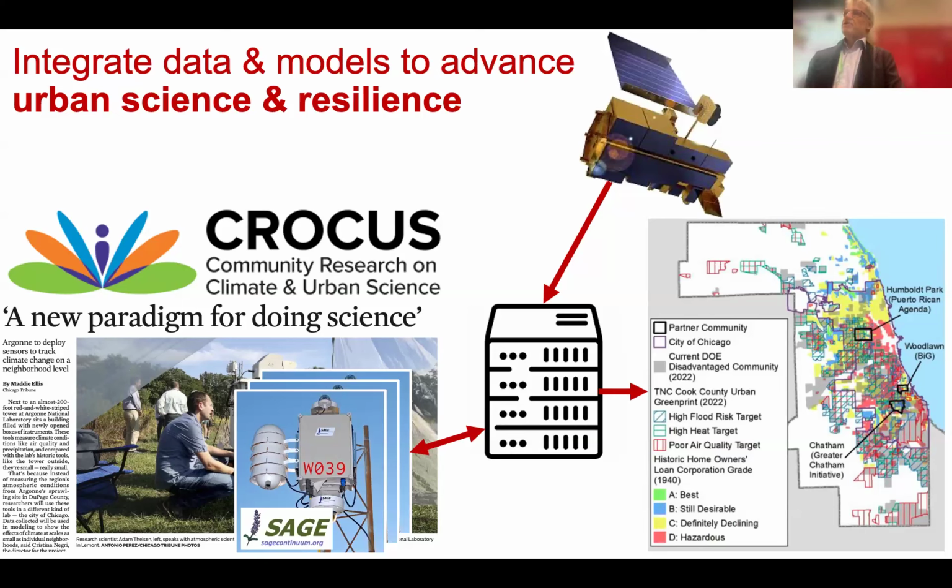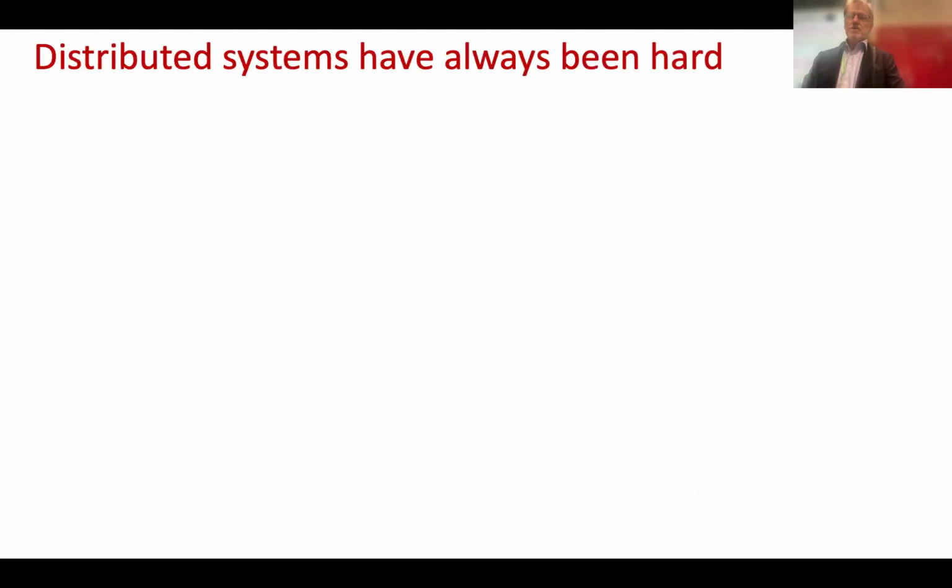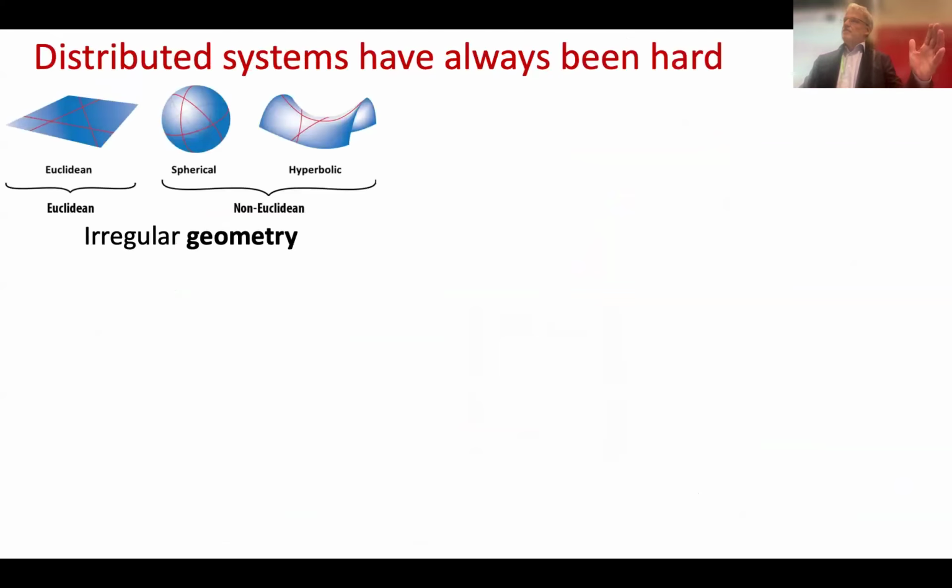Now, distributed systems are very hard to build in a way that is reliable, efficient, secure, etc. And the community has spent many years working out how to address some of the problems that arise. And what are some of those problems? Well, first of all, we might say the networks that we're working in have a non-conventional geometry.